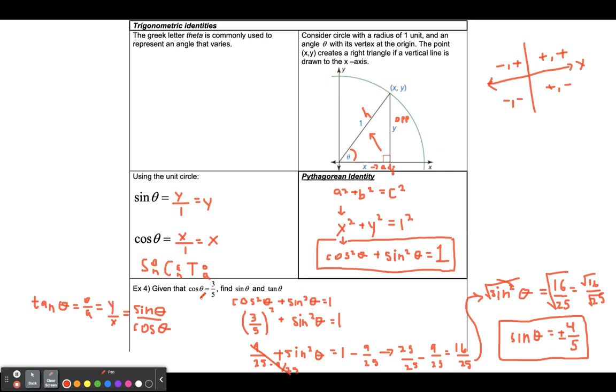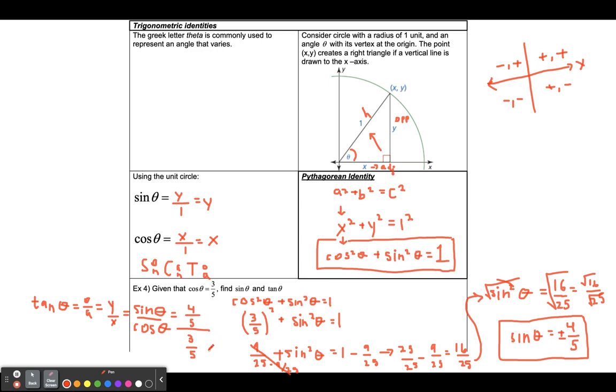So looking at this problem, my sine theta, I'm going to solve it just using 4 over 5. So it's going to be 4/5 over my cosine theta is 3/5.